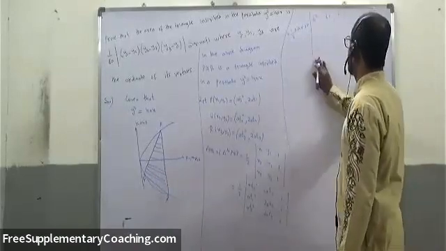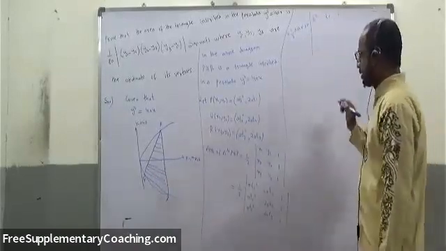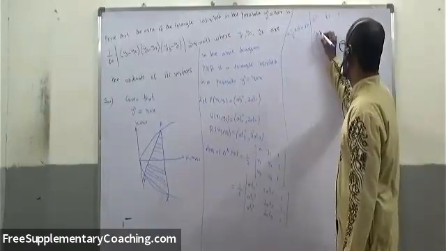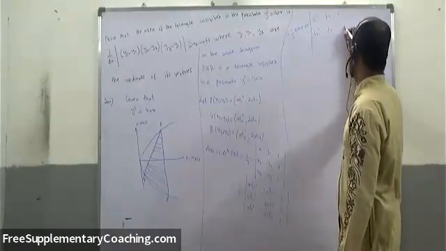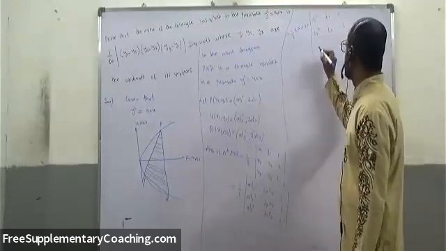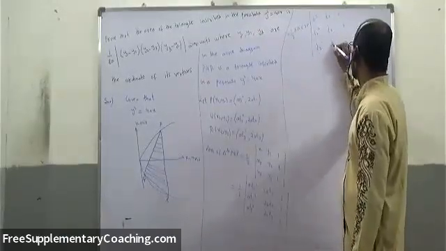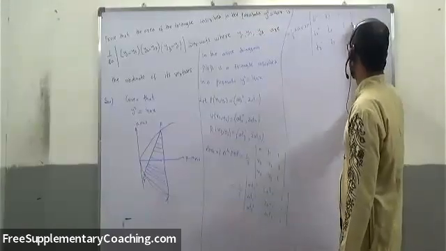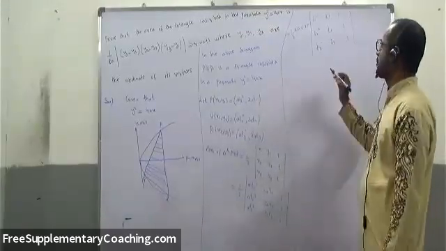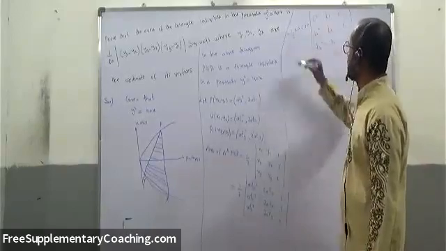This one remains as it is. From here, T2 square, T2, 1 as it is. Here, T3 square, T3, 1 as it is. So these two and these two get cancelled.